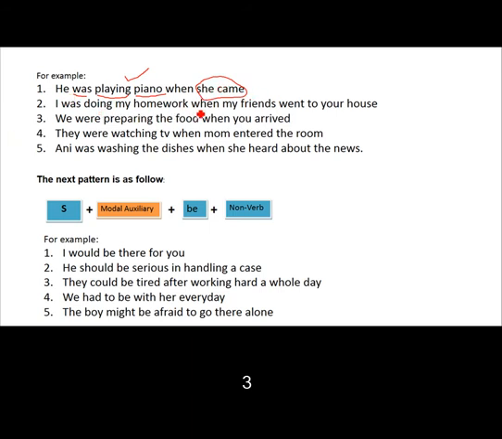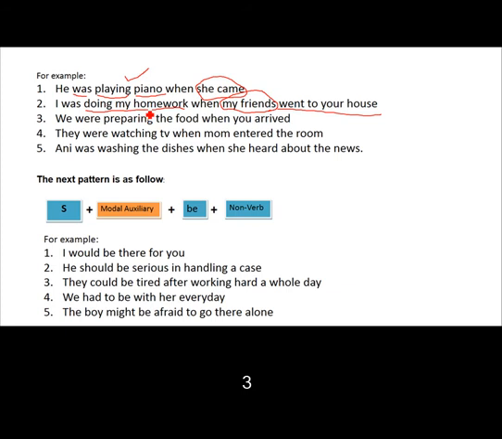I was doing my homework when my friends went to your house. I was doing my homework when my friends went to your house. So probably my friend came to me or called me on the phone, told me that we went to your house. But unfortunately, I could not go with them because of why?